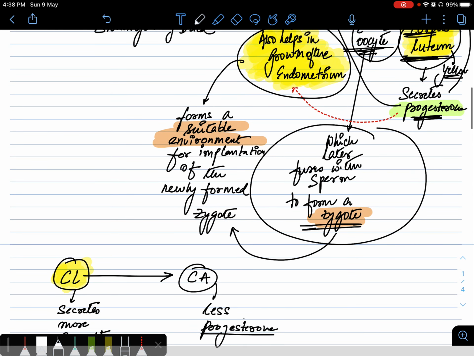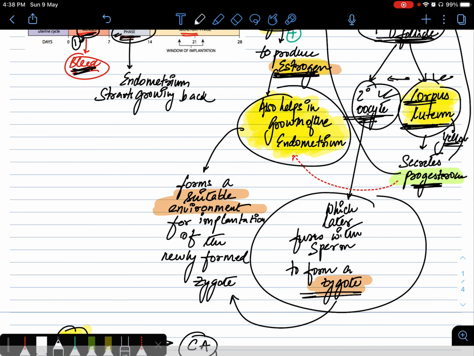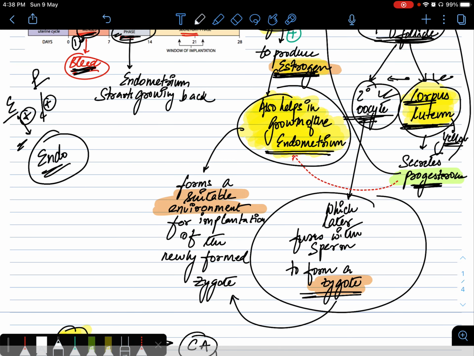Progesterone will also help in development of the endometrium. So basically, to help in endometrial growth, we need both estrogen and progesterone. Without the estrogen, the progesterone cannot work. So E and P help in development of the endometrium. That much you should remember.